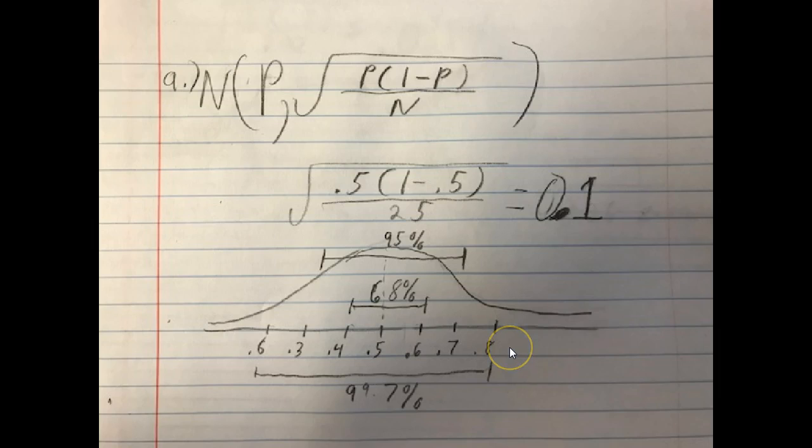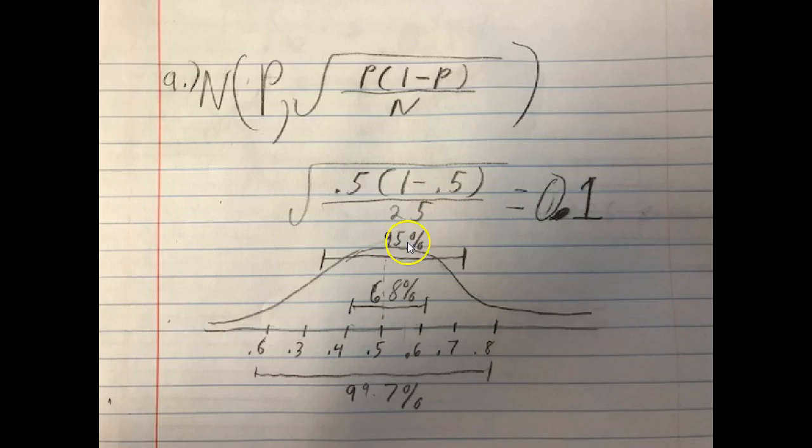So if we remember our 68, 95, 99.7 rule, our 68% of our data is going to fall between one standard deviation below and above the mean. So here we have 68% of our data is going to be between 0.4 and 0.6. 95% of our data will be between two standard deviations above or below.